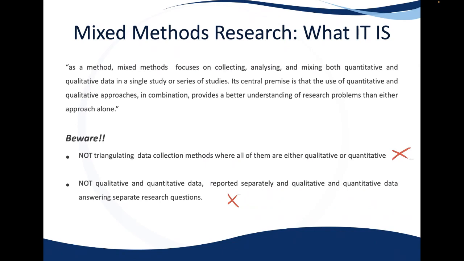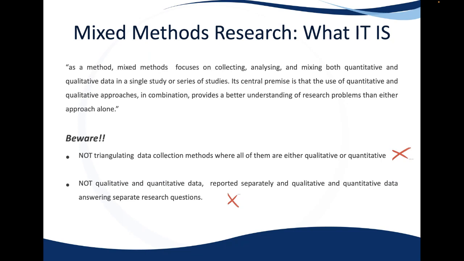The central premise or the real focus of mixed methods is the use of both quantitative and qualitative approaches in combination, with the argument that you as the researcher believe that you will gain a better understanding of the research problem that you're looking at than you would be able to achieve if you utilized one of the approaches without the other.